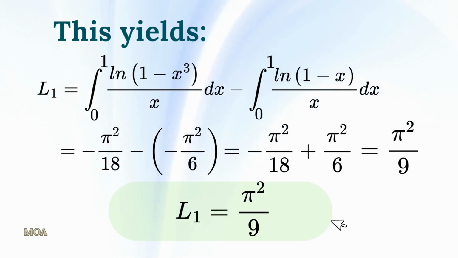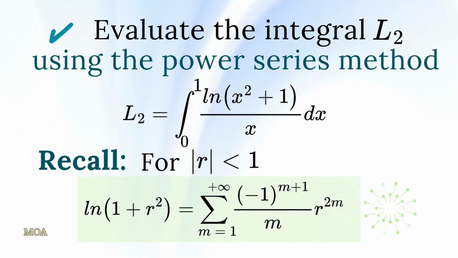This yields L₁ = −π²/18 − (−π²/6) = π²/9. Regarding the integral L₂, to evaluate it, we will apply the power series method.